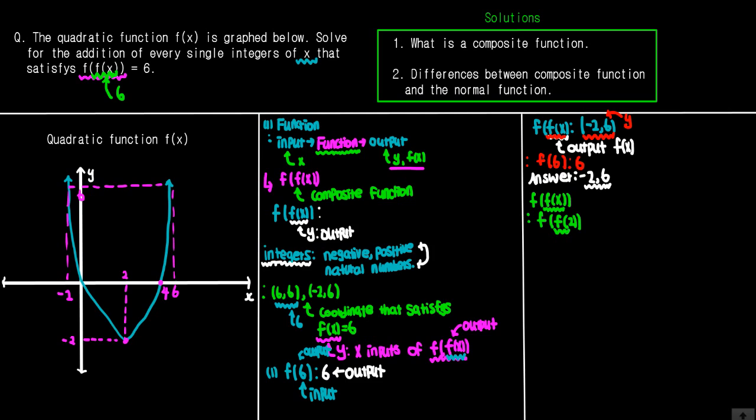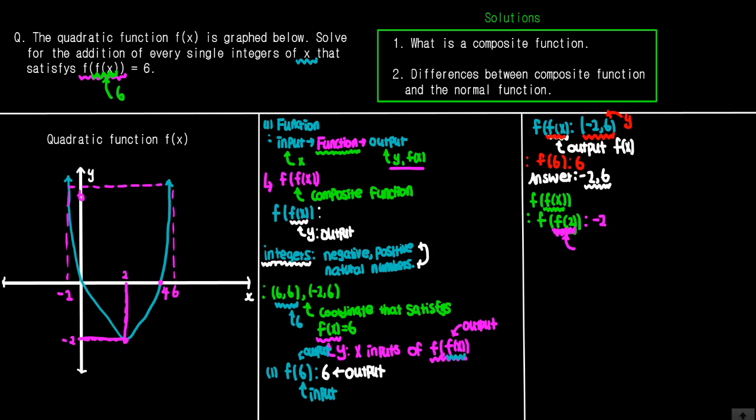And then f of 2, we can count our whole function f of 2 as our output of our function. If we follow our x values, it gives us an output, which is going to be negative 2.